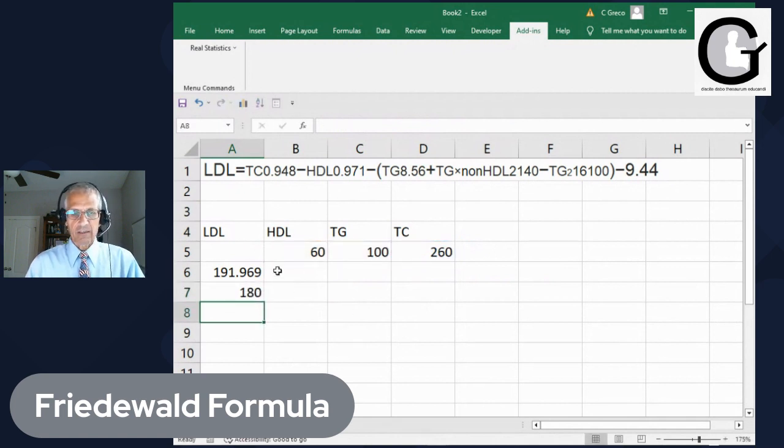That's 180. So you can see there's quite a difference. The Sampson value in actuality is larger, more than that done by Friedewald. So this is the Sampson, and this is Friedewald.